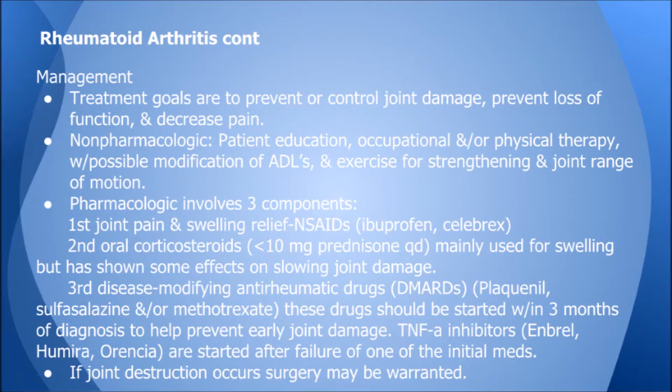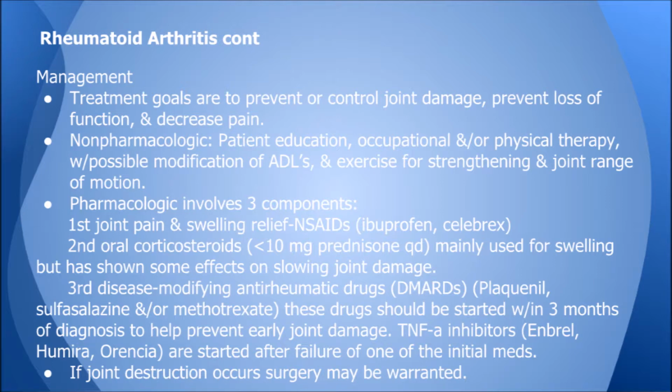To manage this disease, you give the patient medications that either help prevent or stop, or both, the damage of the joint. They would take something like ibuprofen or Celebrex, nonsteroidal anti-inflammatories again. Also, a lot of times you have to use corticosteroids like prednisone.